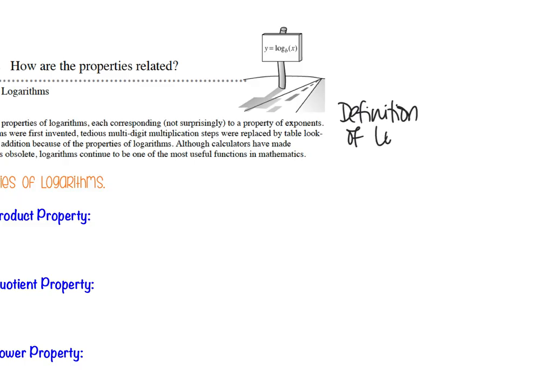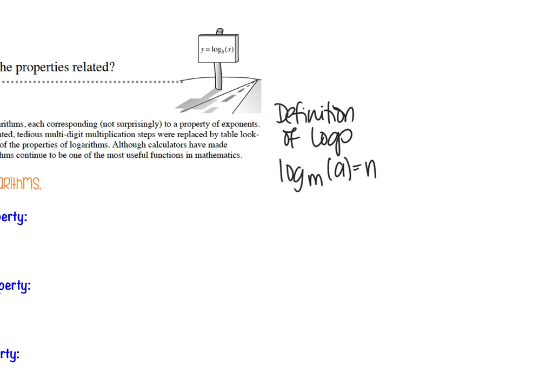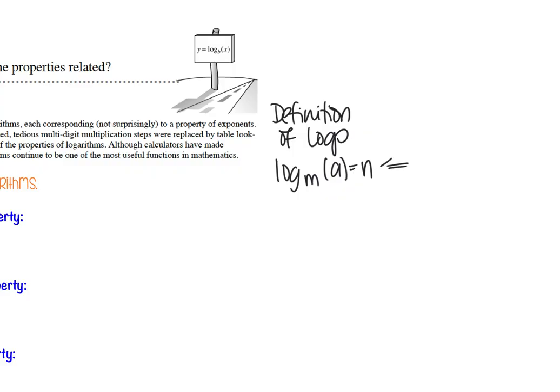of logs or definition of logarithms, and that is that if you have log base m of a equals n, it can be written, and also vice versa, in exponential form as m raised to the n equals a.